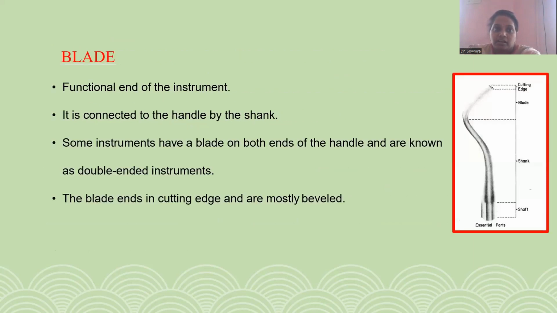Blade. The functional end of the instrument is connected to the handle by the shank. The tip is the cutting edge, and the part that connects the cutting edge to the shank is known as the blade. Some instruments have a blade on both ends of the handle and are known as double-ended instruments. The blade ends in a cutting edge and is mostly beveled.